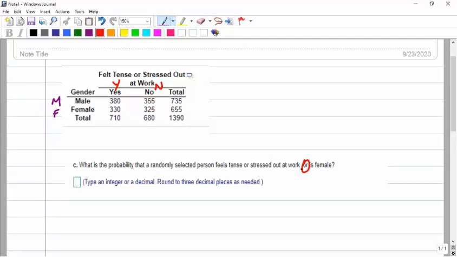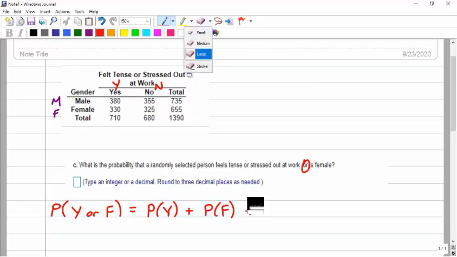So by using the letters I chose up here, stressed out at work is Y, or female, F. Using the formula, I'm not going to go back to the formula, but you obviously should. Y plus F minus Y and F.